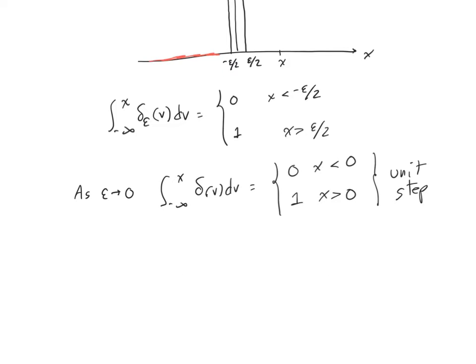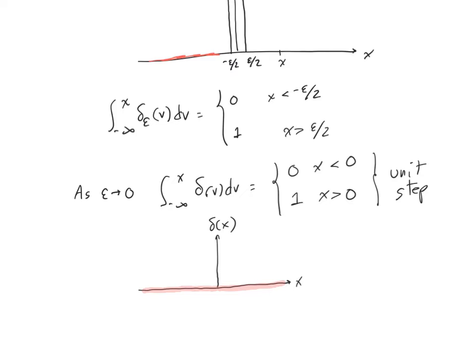Conceptually, the way to think of this delta function is that as a function of x, it's equal to 0 for x less than 0, and it's equal to 0 for x greater than 0.